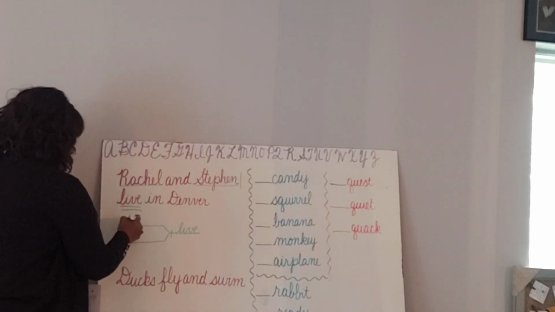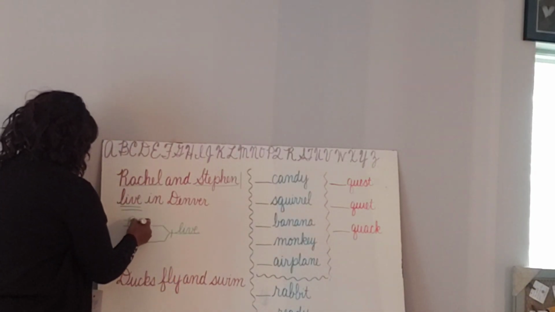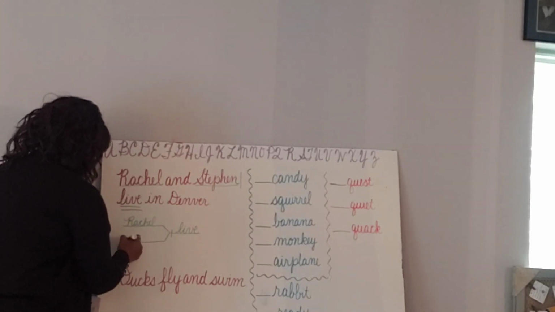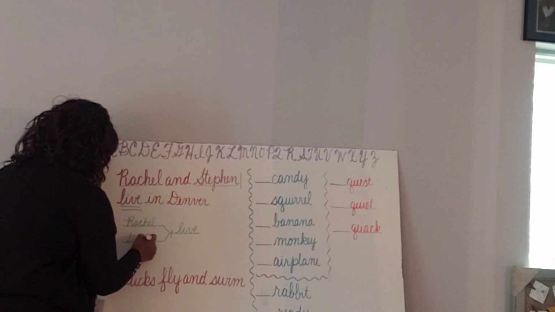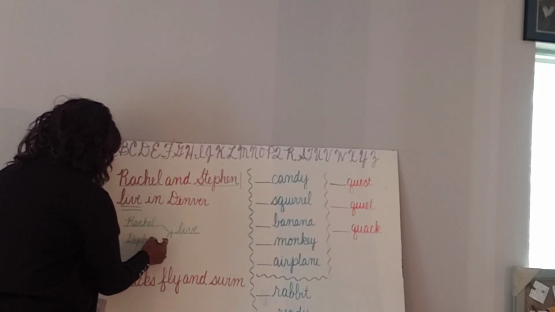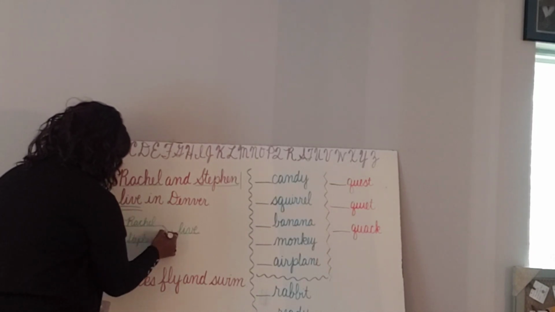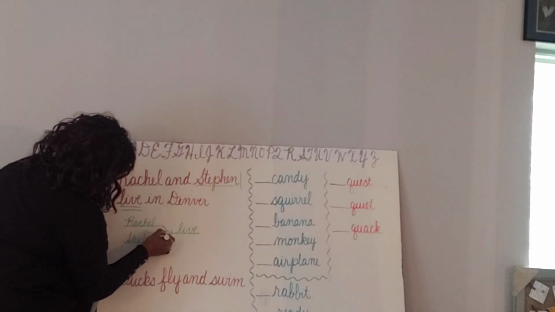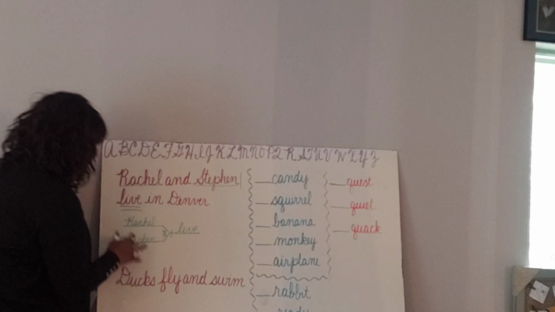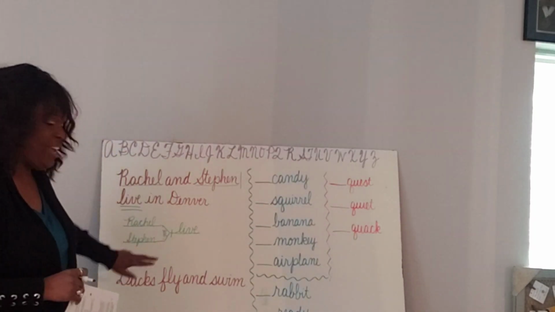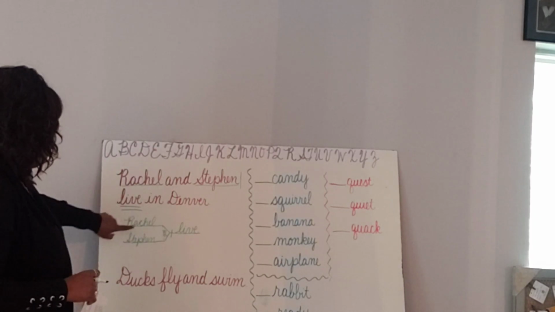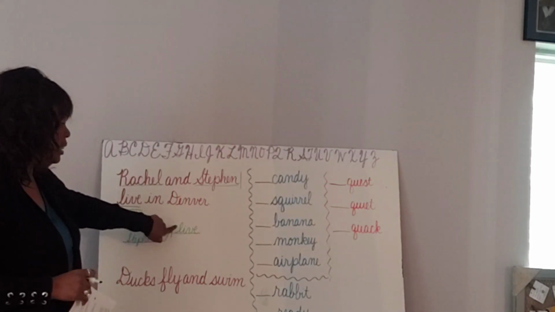Then we write, good, Rachel, Stephen, and then we have our dotted line in between where we write our conjunction, which is and. And we write it as neatly as we can, right on that center dotted line in between. So Rachel and Stephen live.